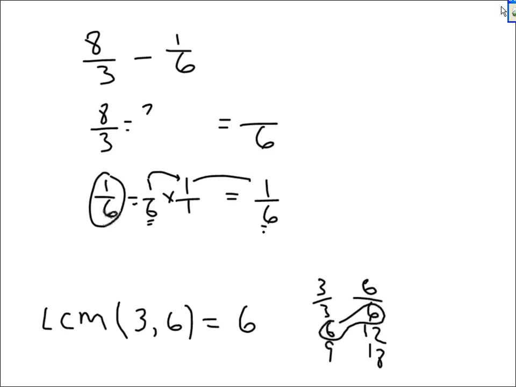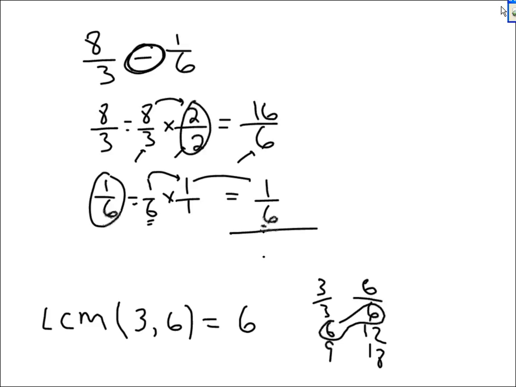Okay, 8/3 is equal to 8/3 times 1. Well, 3 times what gives me 6? 2. I must put 2 on the top, because then, and only then, will that fraction be 1. 8 times 2 is 16. And please, you have to see how you're combining these numbers.